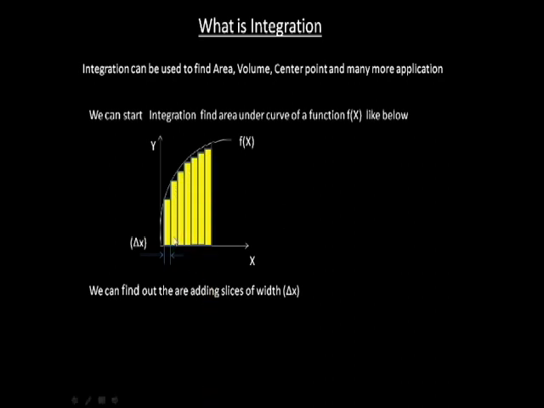Then we will add these slices, because you know that the area of a slice is length into width. We will get an approximate value of the area under this curve, but it is not accurate because there is a gap in between all these slices.